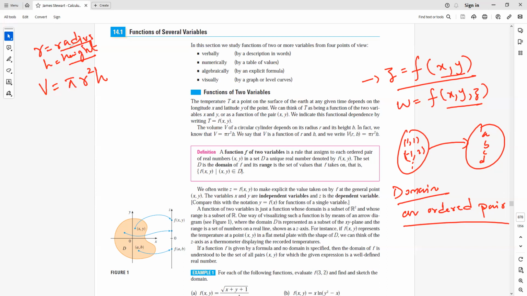So volume depends on radius and height. Therefore, we can write that the volume is a function of radius and height, where pi is constant, so it's fixed, while r and h may vary. So here we have two independent variables, therefore it's a function of multivariables, right?